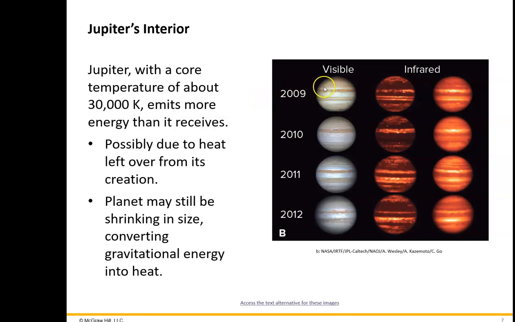Jupiter gives off more heat than it receives from the sun. So there's something going on internally inside of Jupiter. That's the first thing. And like I said, we've known this, I think, since the 1970s. We've actually known about this excess heat that comes from Jupiter.